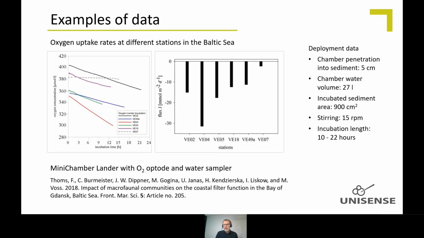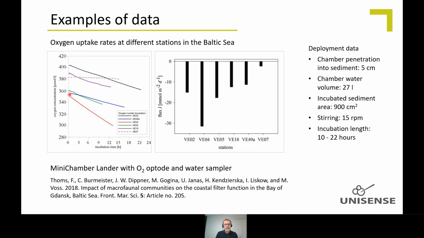These are some data examples. This is from a study in the Bay of Gdansk in the Baltic Sea. They worked on 6 different stations here. They had an oxygen sensor. You see the data from that here, and they also took water samples, as I will show. As you can see, during the incubation, the oxygen concentration decreased in all of them.